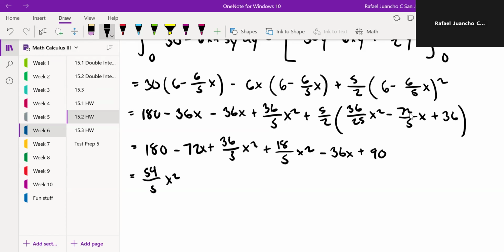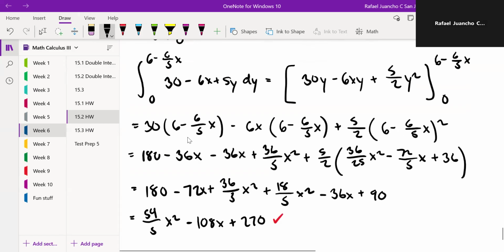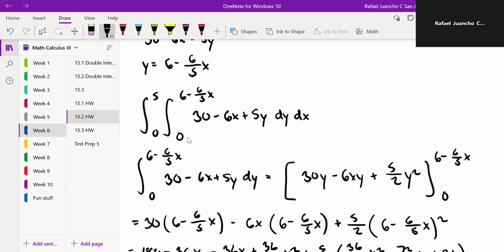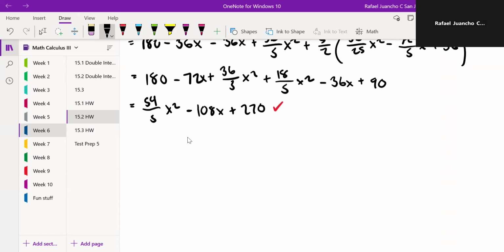Negative 72 minus 36 is minus 108. And then I add my 180 plus 90, which I think is 270. Yeah. And there we have it. That's the first part. And then from there, we integrate this from 0 to 5.